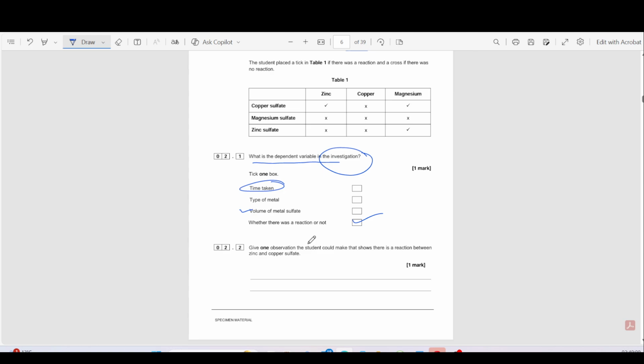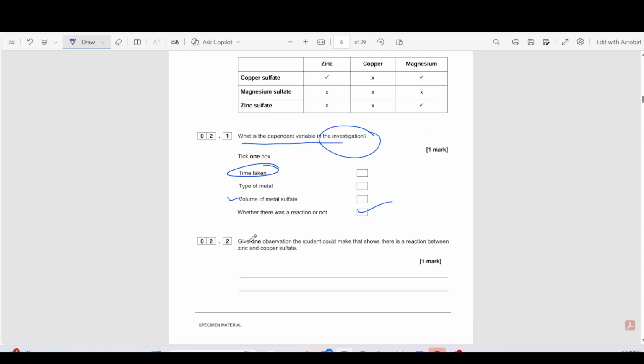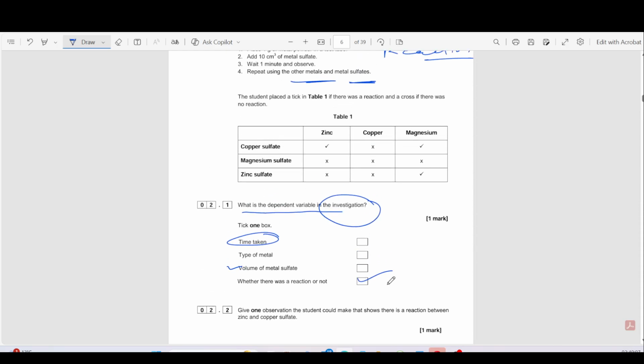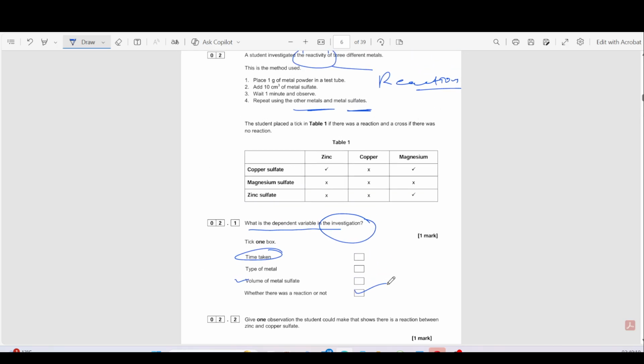So now we are given an observation that the student could make that shows there is a reaction between zinc and copper sulfate. So in this one, we need to check what the observation is. When zinc and copper sulfate react, it forms a brown solid, which is copper metal.